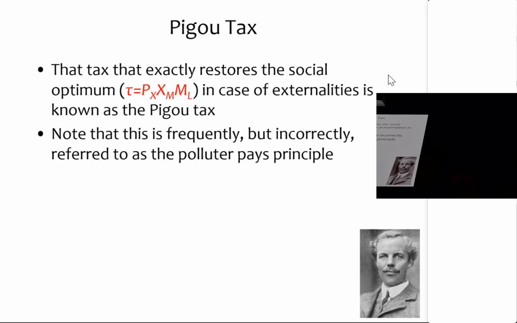And the polluter pays principle is often interpreted as a legal liability, where the polluter pays all the damage done. But the Pigou tax, you pay the damage at the margin, not the total, at the margin, right? And only if your damages are linear, the two are the same. So the Pigou tax is not the same as the polluter pays principle.